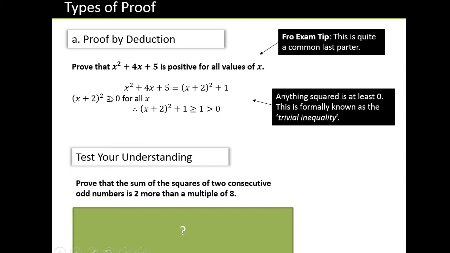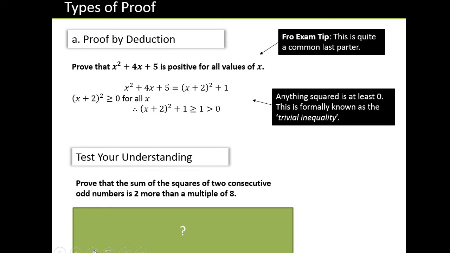That's the lowest it can be. Well, if the lowest this can be is 0, and then we add 1, that means that whole expression then has to be at least 1, which is bigger than 0, which must mean it is positive. That whole thing there then has to be positive.